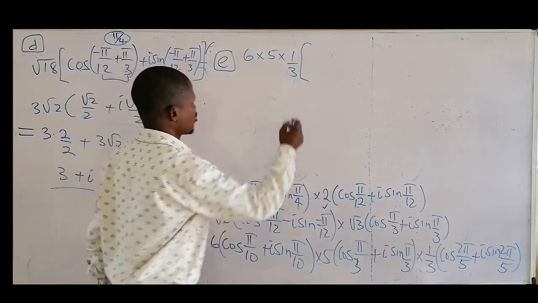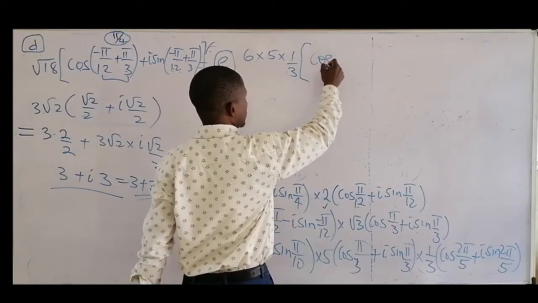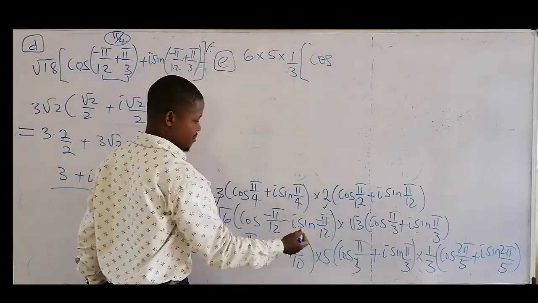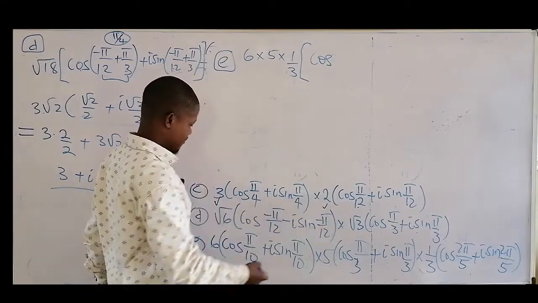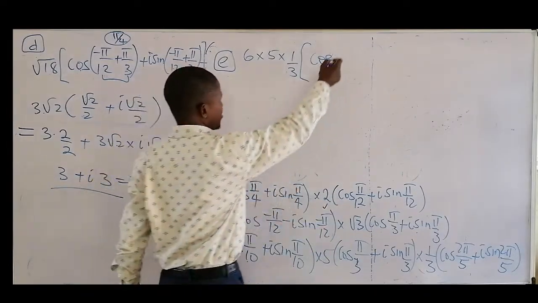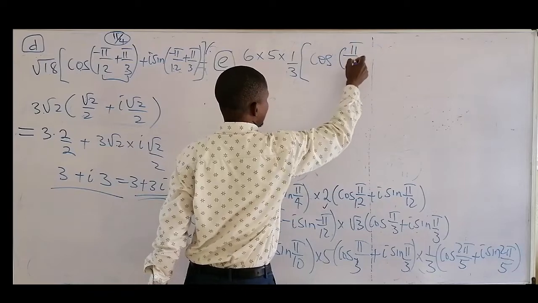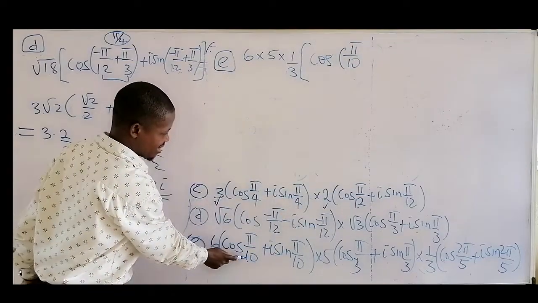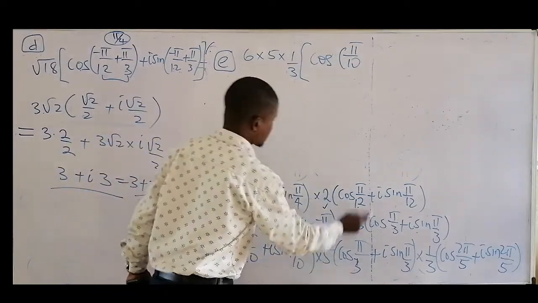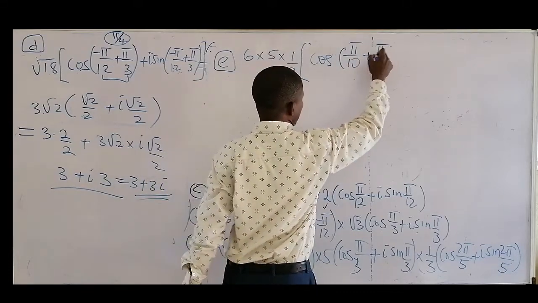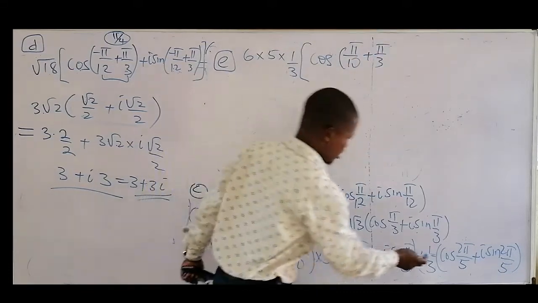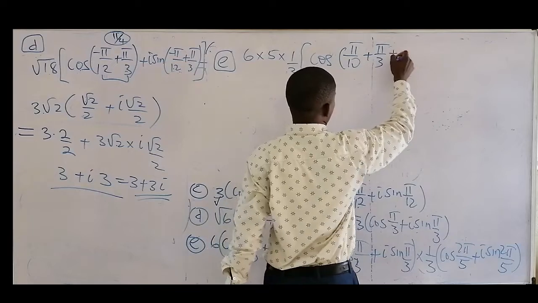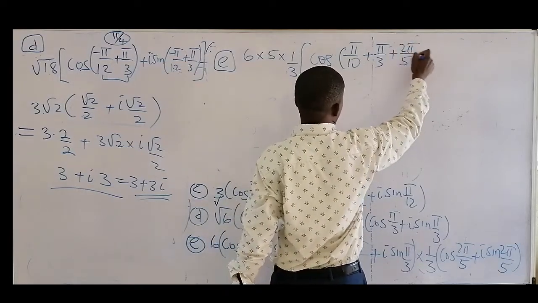Since we have 3 of them, theta 1, theta 2, theta 3, the first one is pi over 10, that's theta 1. The second one, theta 2, is plus pi over 3. The third one is plus 2 pi over 5.